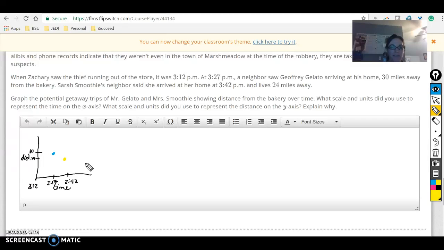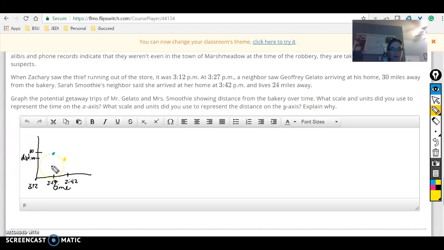And it says, what scale and units did you use? So the scale that we used would probably be 15-minute increments on the x-axis, and on the y-axis, I guess you could use miles, and 1 mile would be a sufficient increment.